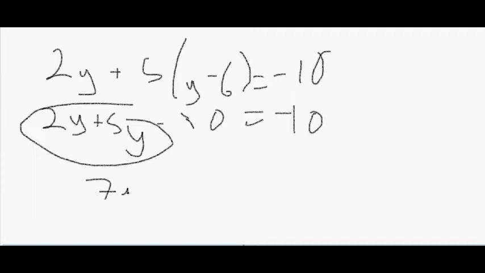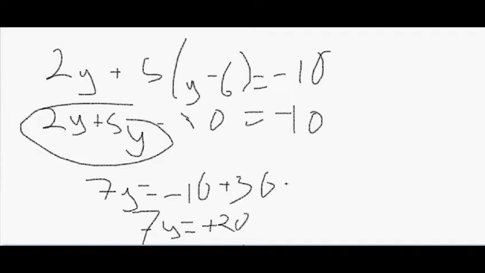So let's simplify these two. That becomes 7y. Add 30 to both sides. So we have negative 10, then plus 30. Right? So then we're left with 7y equals positive 20. So y equals 20 over 7. Alright?